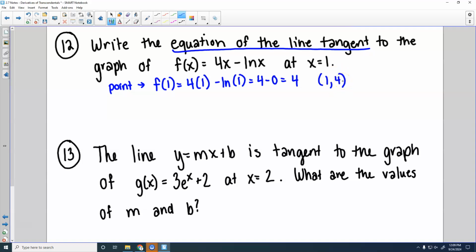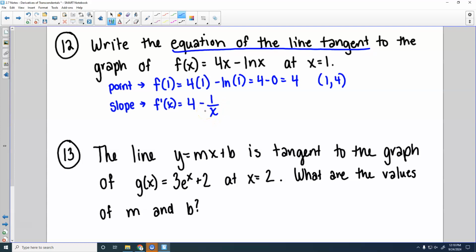For our slope, we are first going to have to find the derivative of f of x, because the derivative gives us the slope of the tangent line. So f prime of x here is going to be, the derivative of 4x is just 4, and then we just learned the derivative of natural log of x is 1 over x.